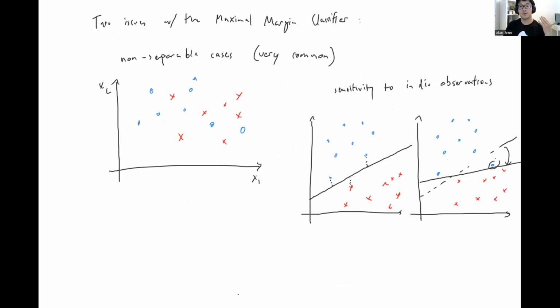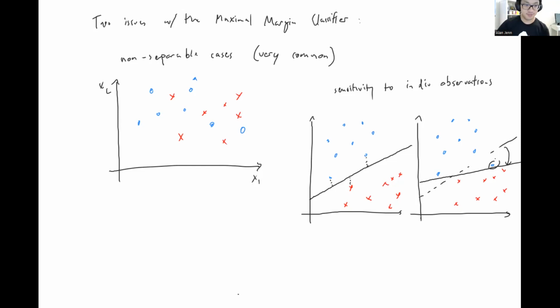You can have a support vector classifier that can draw a hyperplane through your set of points, even if it is non-separable, if you have enough of a budget, right?